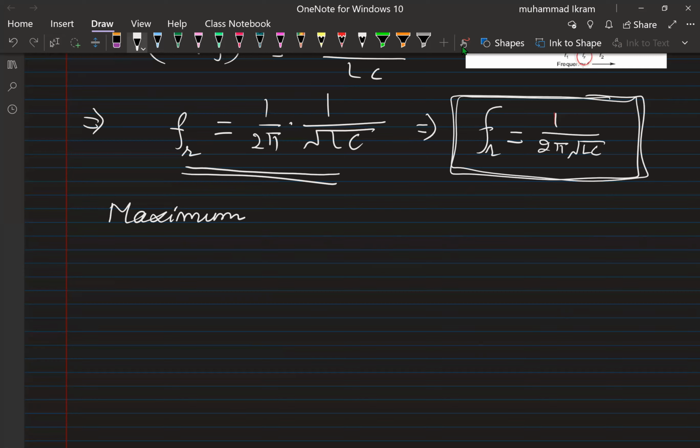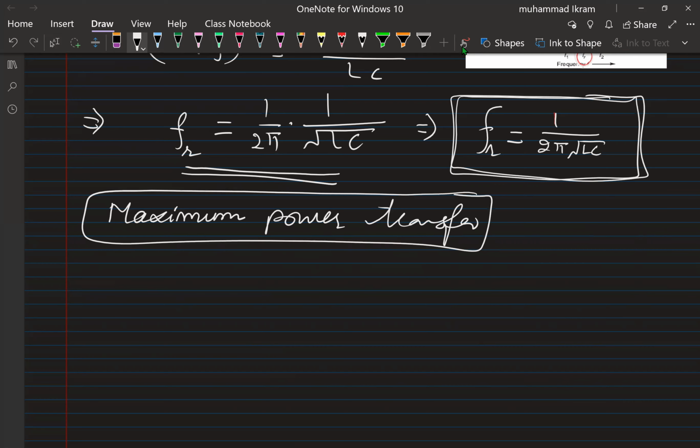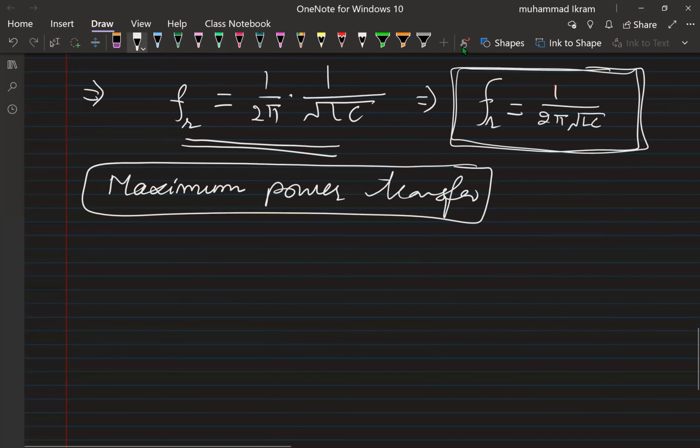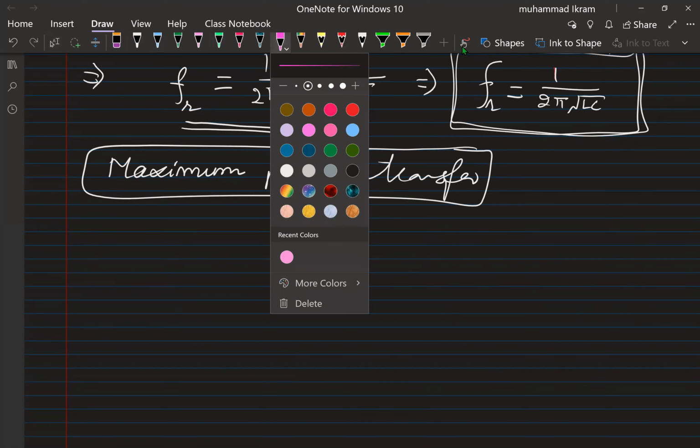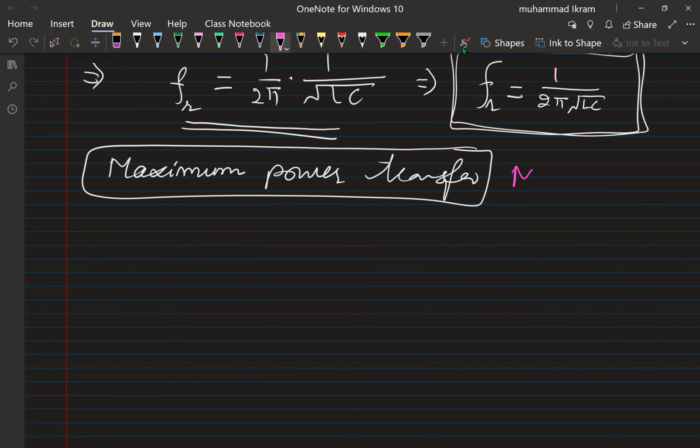Maximum power transfer. And the maximum power transfer is sometimes called the maximum power transfer theorem. Okay.